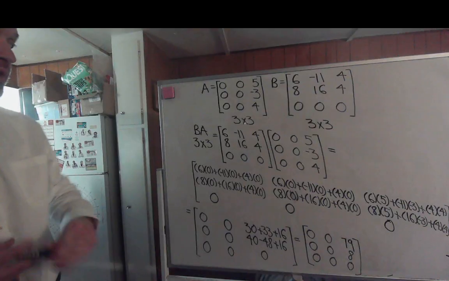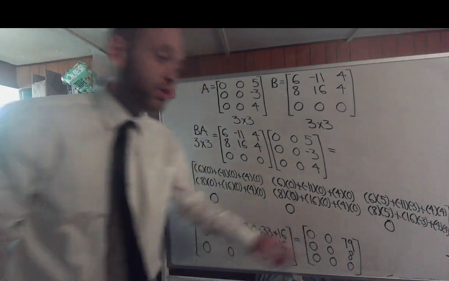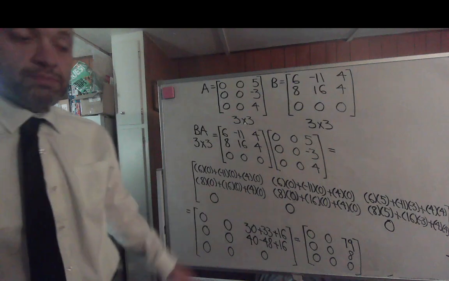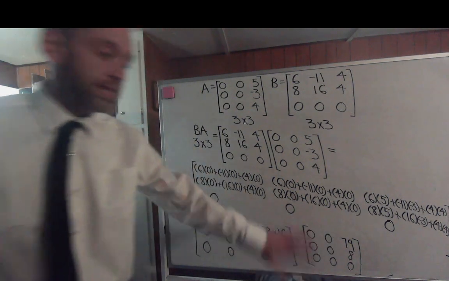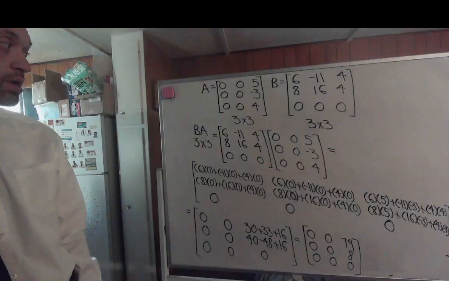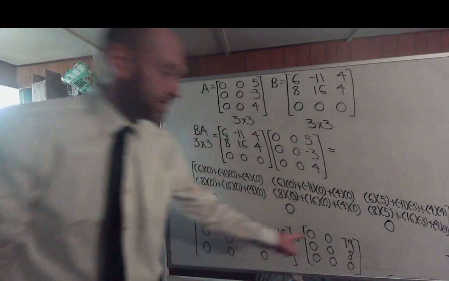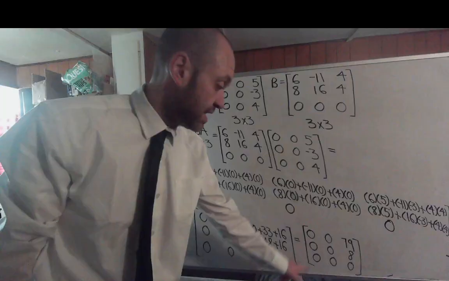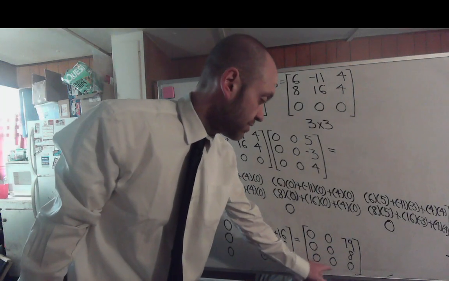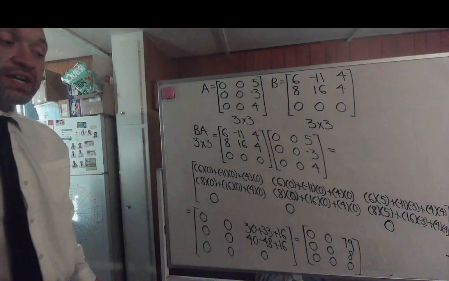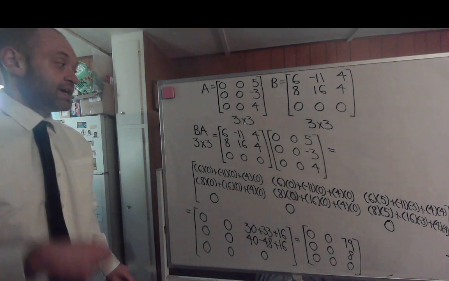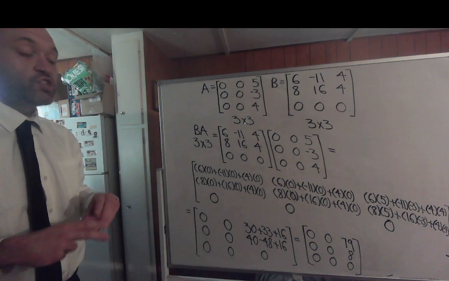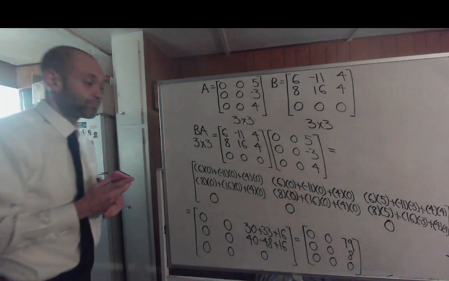So notice you got a different 3 by 3 matrix for BA than you did AB. When we did AB, we just got a 3 by 3 zero matrix all across the board. When we did BA, we got 0, 0, 79, 0, 0, 8, 0, 0, 0. That just proves that matrix multiplication is not commutative.